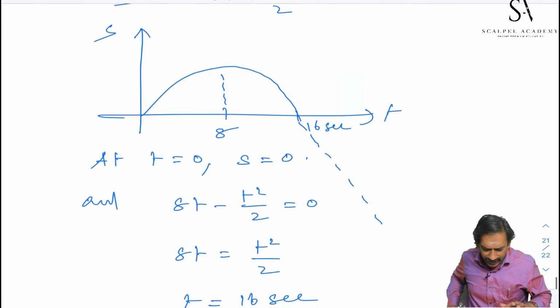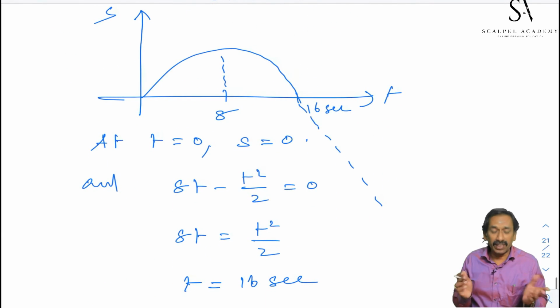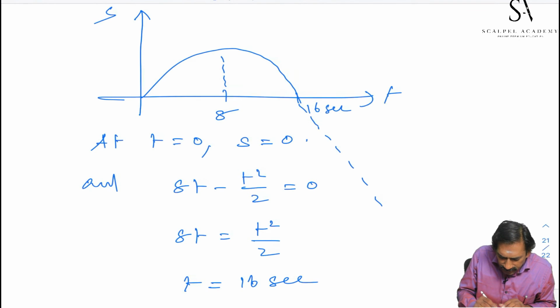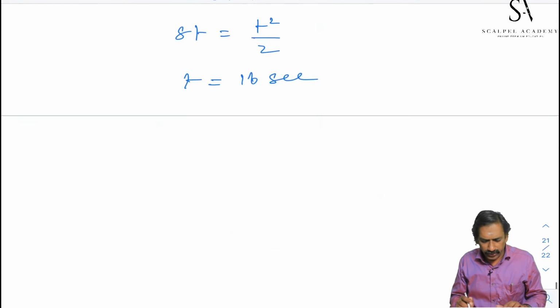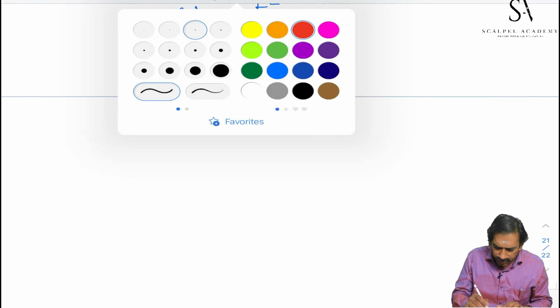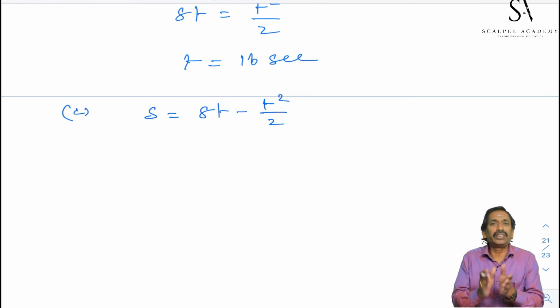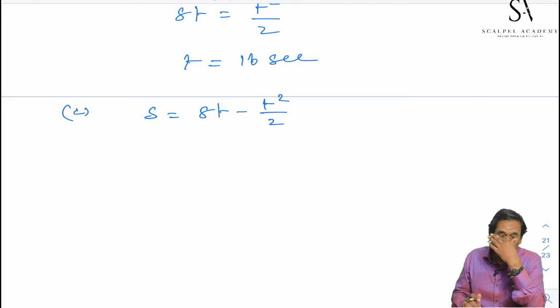I said at 8 seconds displacement is maximum because the slope is 0 at maximum. We go to the equation. S is equal to 8t minus t square by 2. Rate of change of displacement at maximum is 0.